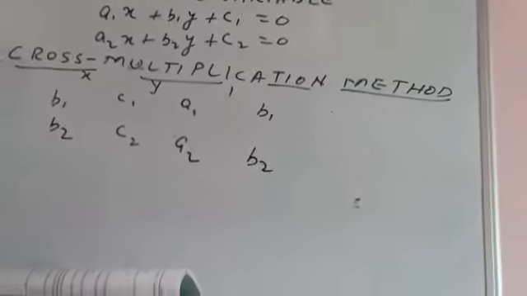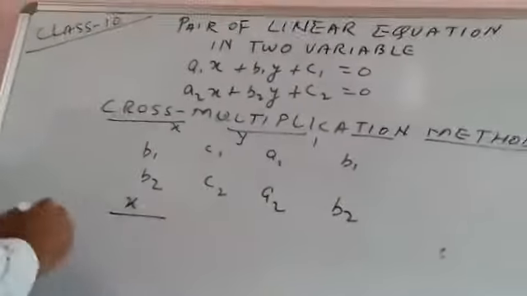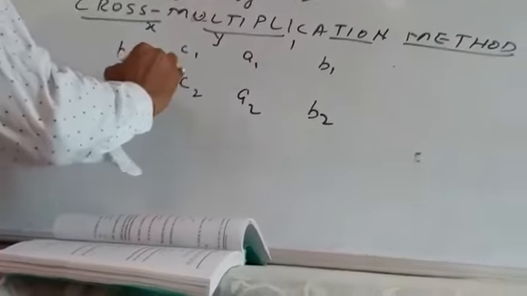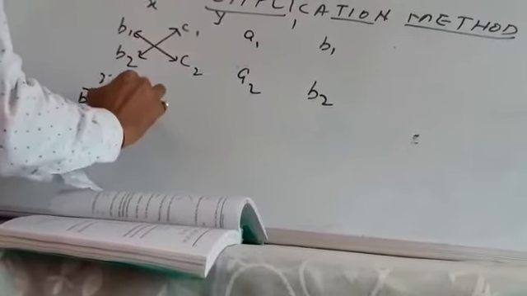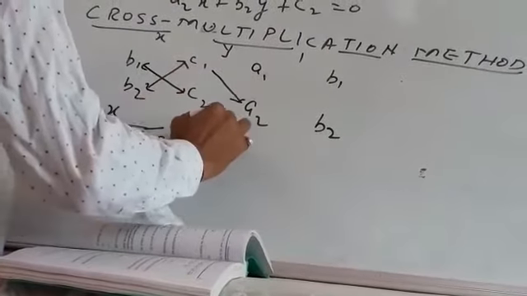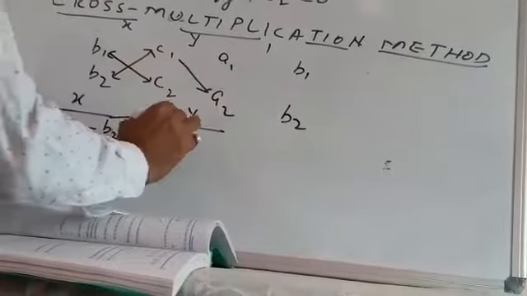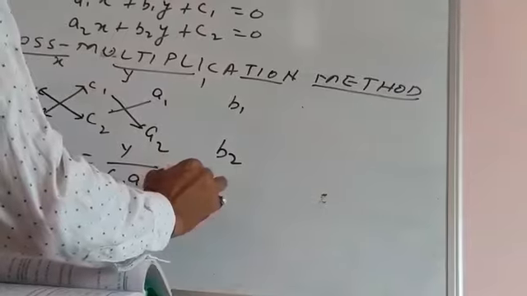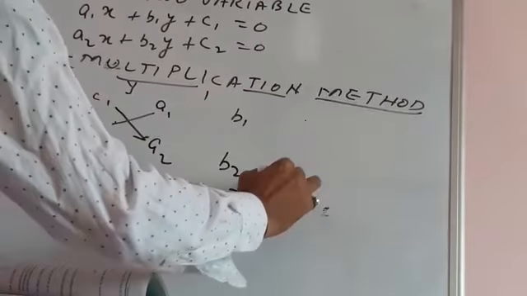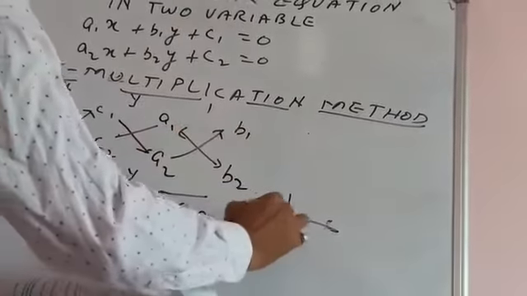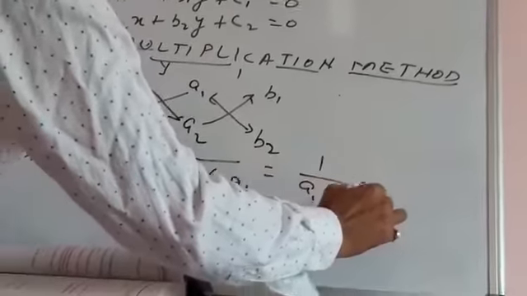That is, x upon, we always start from here, and that is why this is called cross multiplication. This is b1 c2 minus b2 c1, is equal to y upon, again we start from here, c1 a2 minus c2 a1, and the last is 1 upon a1 b2 minus a2 b1.